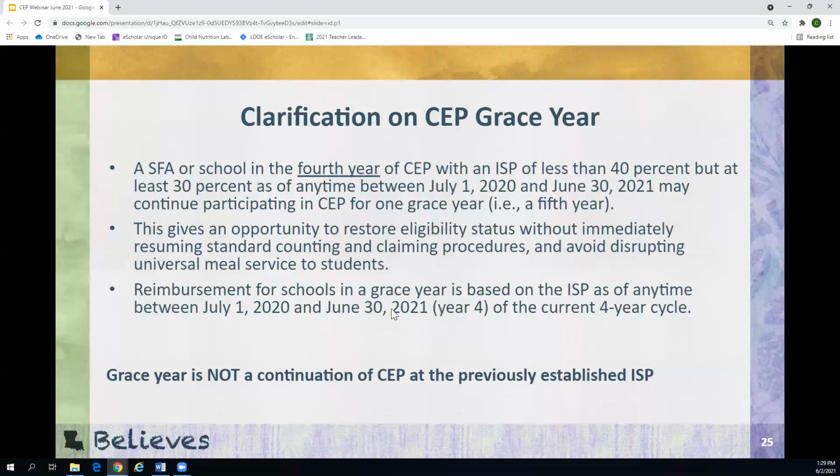It's just something to really think about if you're one of those school systems that has to make a decision, and your options are a grace year, not participating for a year, or electing to participate at a very low percentage. Because as we move into this next school year operating under seamless summer, it may be beneficial for all of these other ancillary services that use that CEP data.